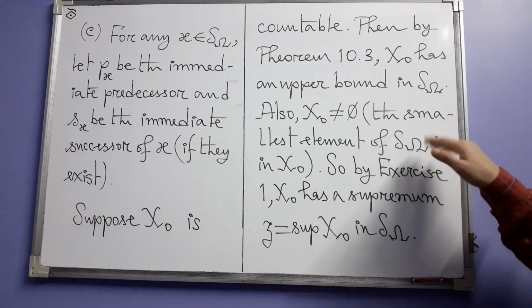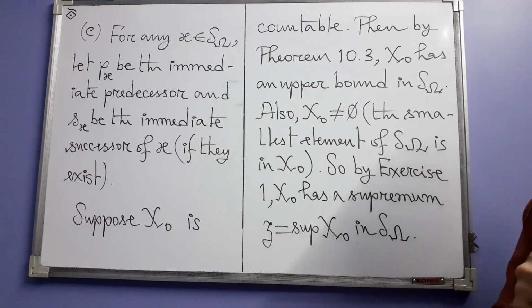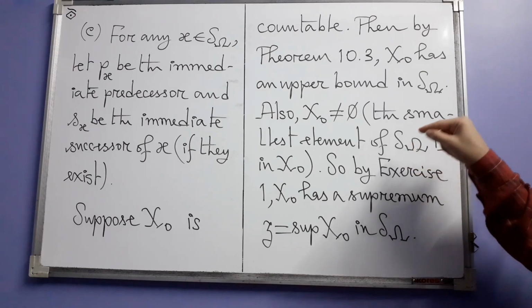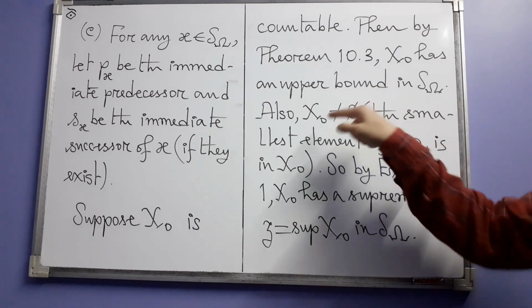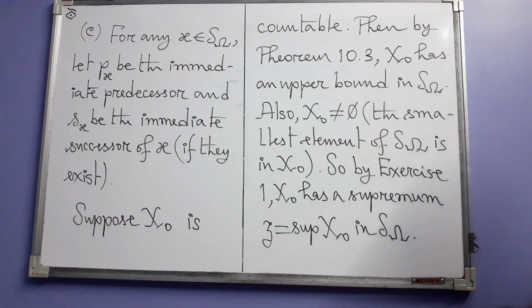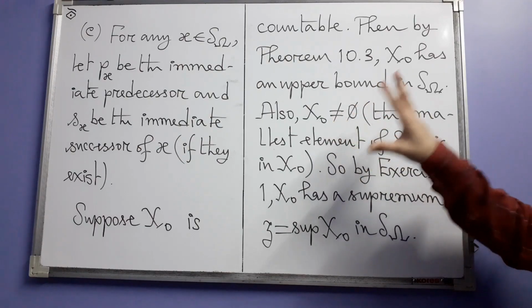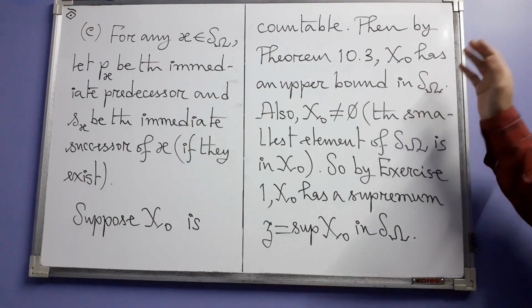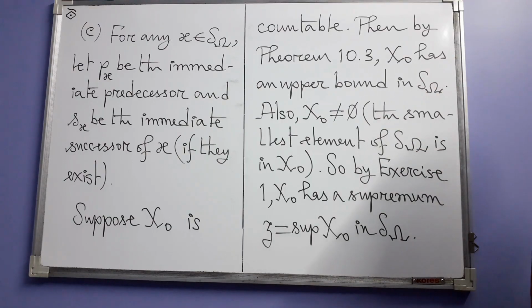Why is S omega itself non-empty? Because it is uncountable. Obviously it will be non-empty. So that is why that smallest element at least is there in X naught. Now X naught becomes a non-empty subset of S omega which has an upper bound in S omega.